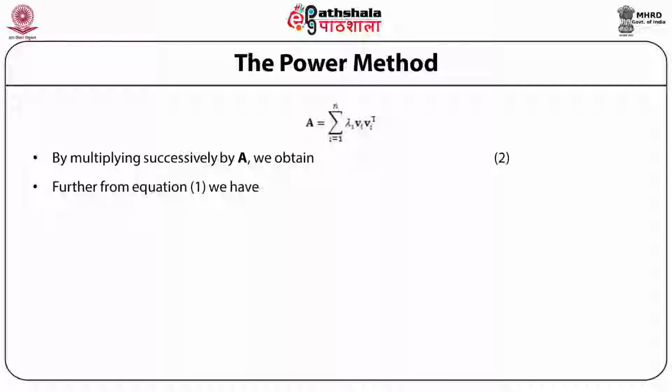Now further, we have x_n equals A x_{n-1} equals A^n x_0.